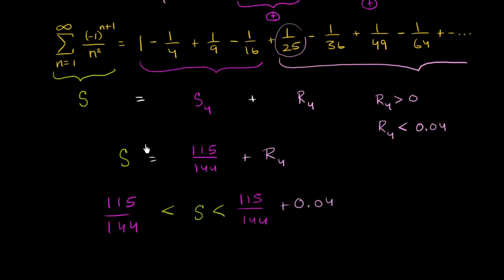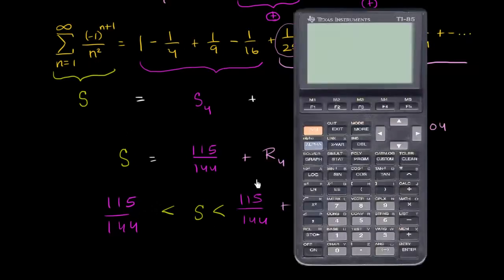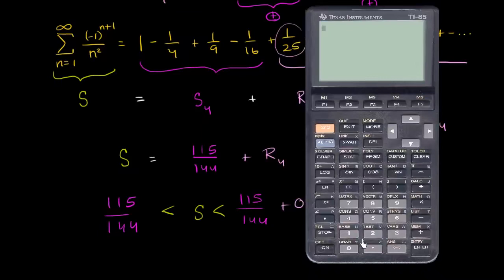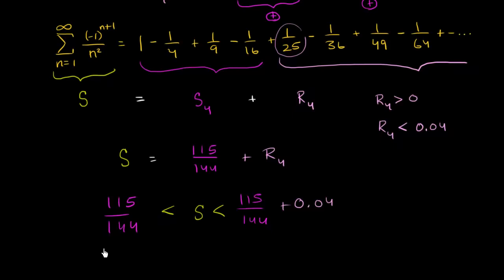And let's now get the calculator out just to get a little bit better sense of things. So if we say 115 divided by 144, that's 0.79861 repeating. So this 0.79861 repeating is less than S, which is less than this thing plus 0.04. So let me write that down.